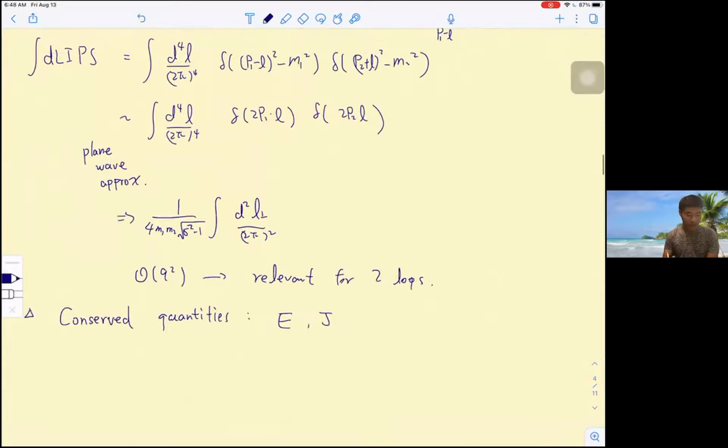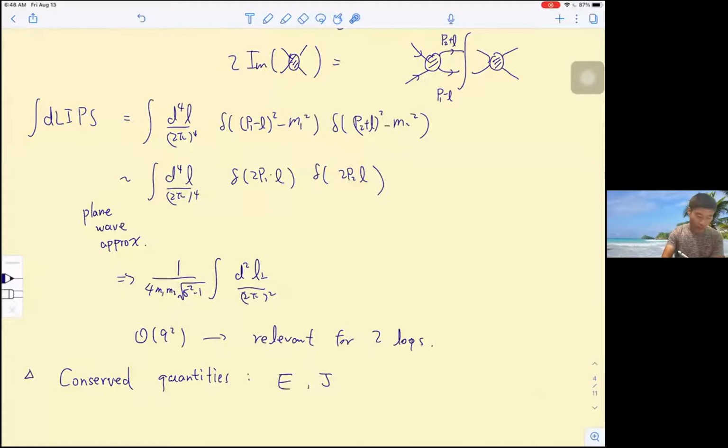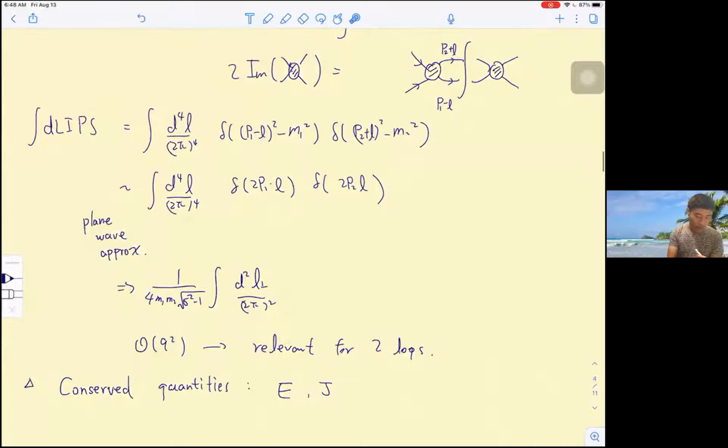So instead of just using plane waves, which are eigenstates of linear momentum, we want to use a state that has well-defined quantum numbers, energy and angular momentum. This will help simplify the phase-space integral, because it should preserve these conserved quantities. In other words, it should be diagonalized in the energy, which it already is, but also in the angular momentum space.